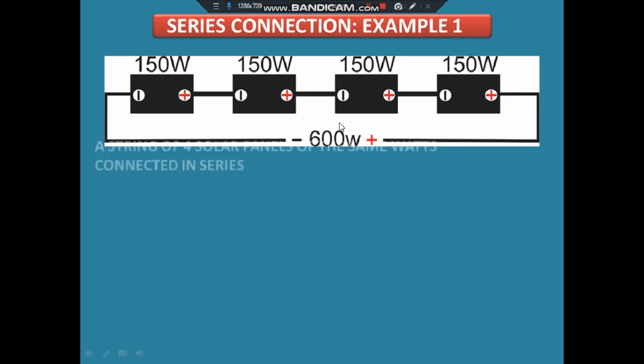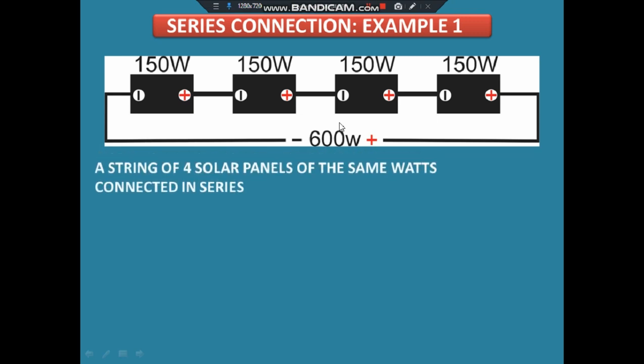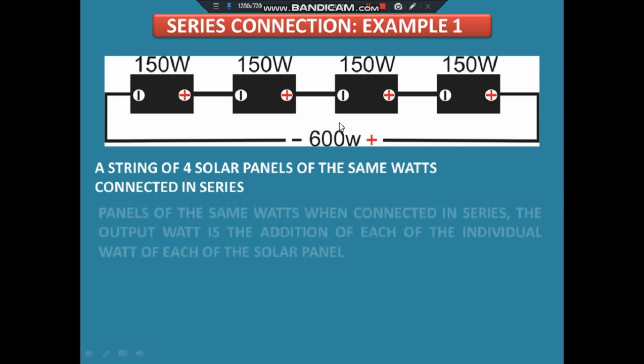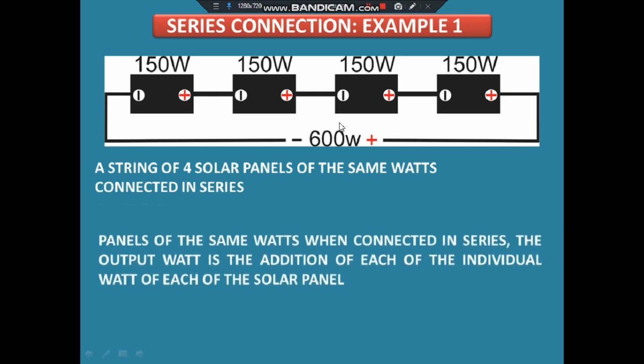So if you say 150 plus 150 plus 150 plus 150, that will give you 600 watts. You can see a string of 4 solar panels of the same watt connected in series. That is what we are showing you here.